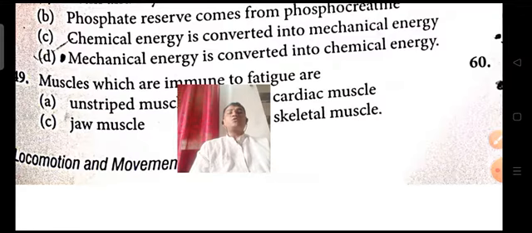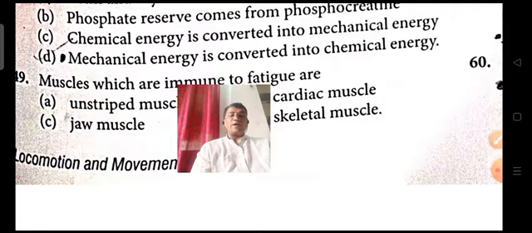Most of the muscles concerned with the skeletal system, or striated muscles, generally need rest, but cardiac muscles, in spite of being striated muscles, are immune to fatigue, or they won't get fatigued. Cardiac muscles take rest during the muscle contraction only, and they generally never get fatigued.